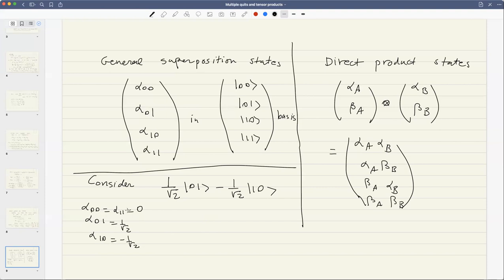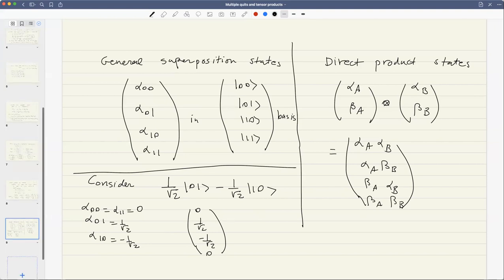So if we could write it this way, there were alpha A, alpha B, beta A, beta B, such that this state, another representation for this would be 0, 1 over square root 2, minus 1 over square root 2, 0, such that this state is equal to that state, then we should have alpha A, alpha B is 0, and beta A, beta B is 0.